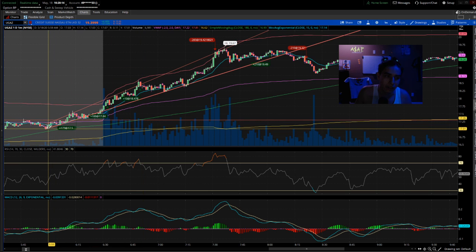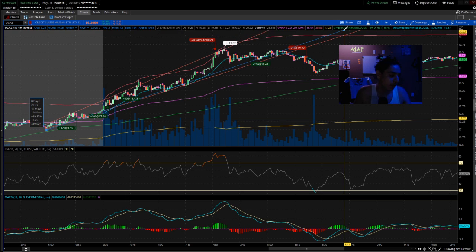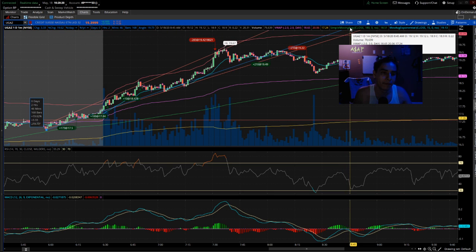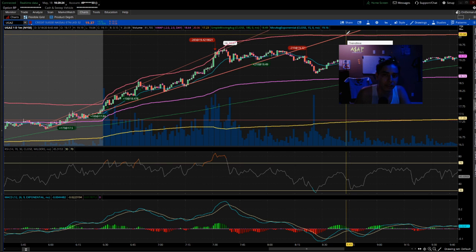You see that earlier I drew this trend line, and it kind of followed it. Kind of helped me map out my trade so I can know where to buy and sell.